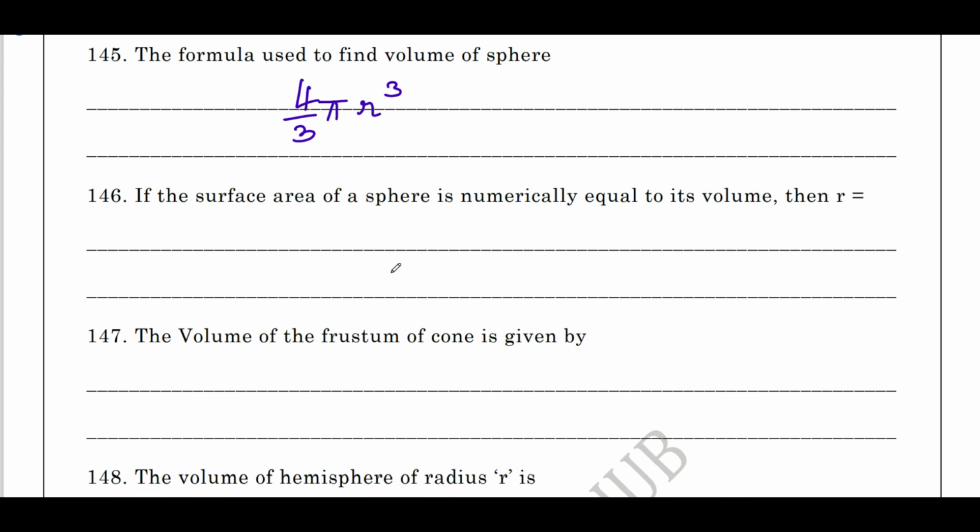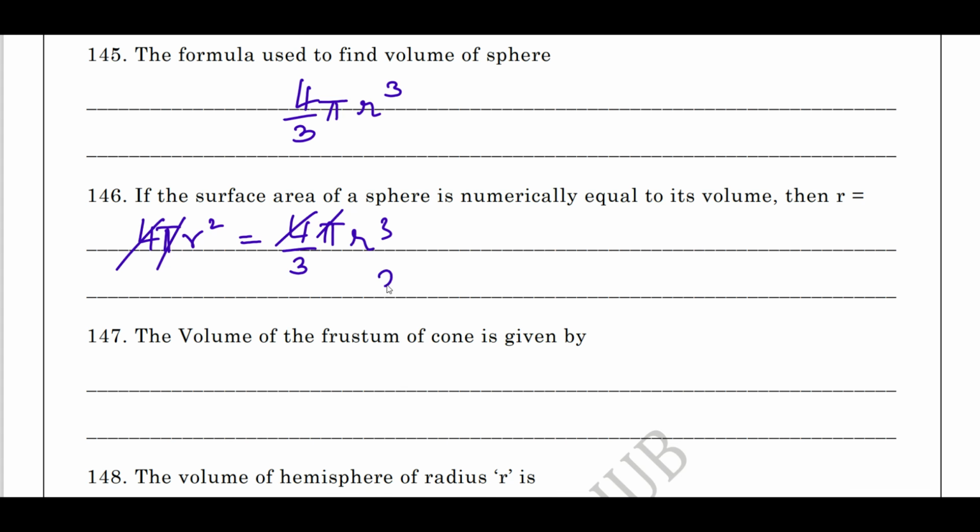If the surface area of sphere is numerically equal to its volume, then the radius is equal to? What is surface area of sphere? That is 4 pi r square equals its volume, which is 4 by 3 pi r cube. Pi and 4 will cancel.